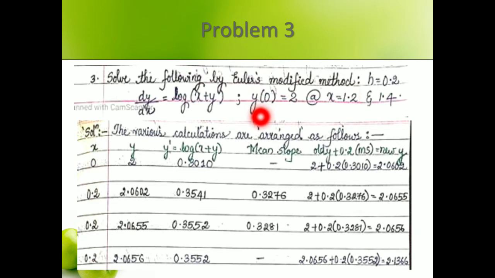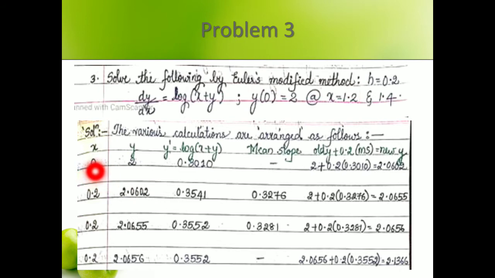Initial value is given, that is y of 0 is equal to 2, at x equal to 0.2, 0.4, up to 1.4. Here the step size is 0.2. So we have to do for 0.2, 0.4, 0.6, 0.8, 1, 1.2, 1.4. So the process is a bit longer.